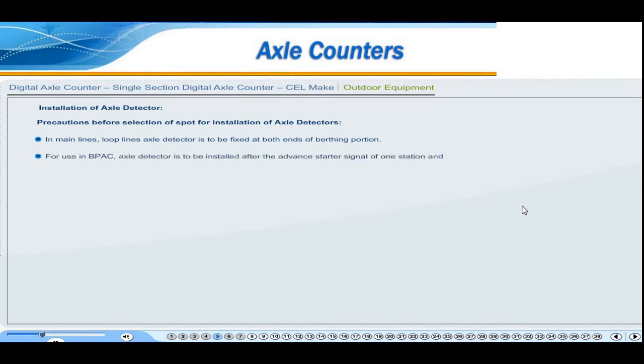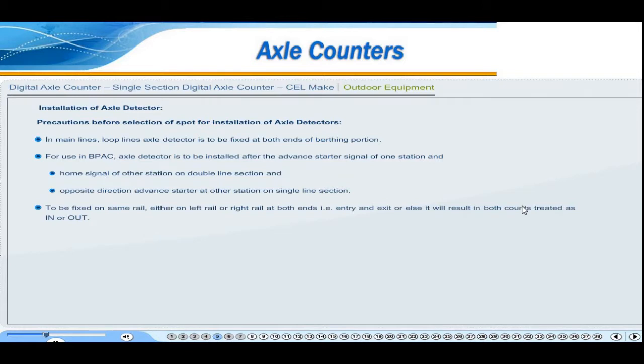For use in BPAC, the axle detector is to be installed after the advanced starter signal of one station and the home signal of the other station on a double line section, and the opposite direction advanced starter at the other station on a single line section. It is to be fixed on the same rail, either the left rail or the right rail at both ends, or else it will result in both counts being treated as in or out. Avoid installation on curved track.